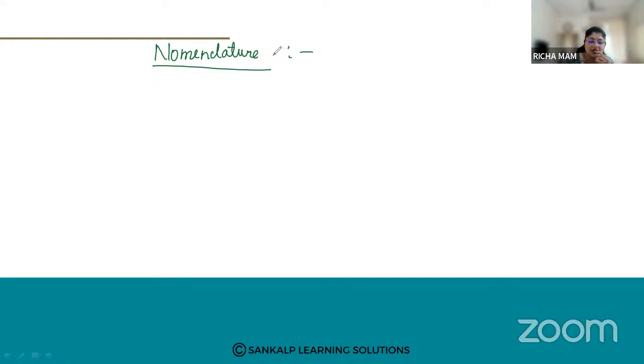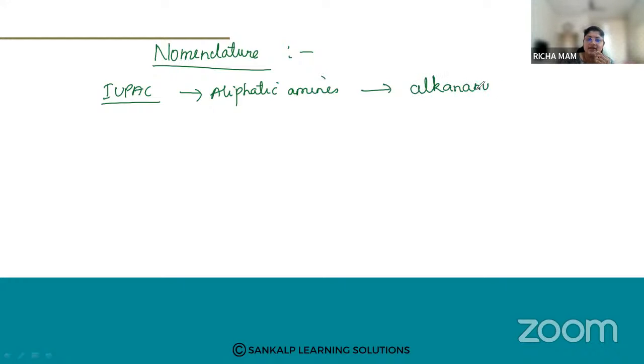Whenever we are seeing nomenclature in IUPAC, we are following the IUPAC system. In the IUPAC system, aliphatic amines are named as alkylamines.